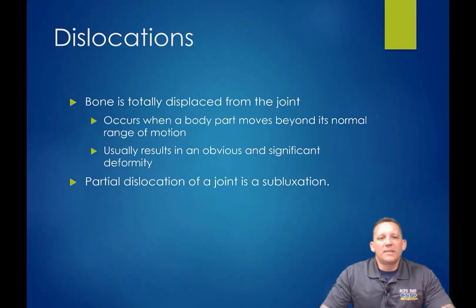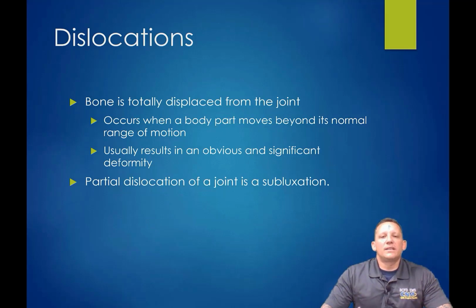Now, when we're talking about dislocations, dislocations actually happen a little bit more often than something where there's significant trauma. Dislocation means that we have a bone that is totally displaced from the joint that it resides in. This typically happens because of an extended range of motion.